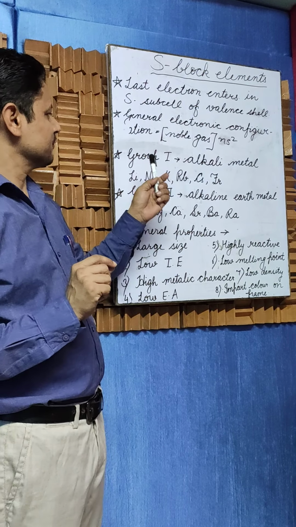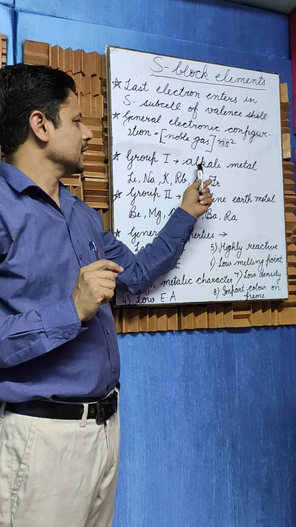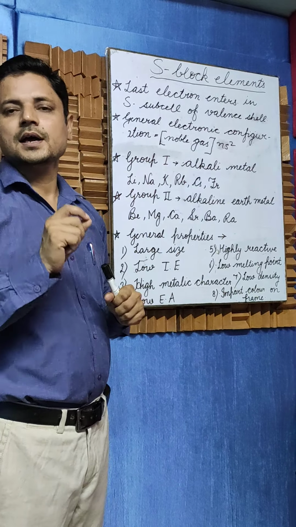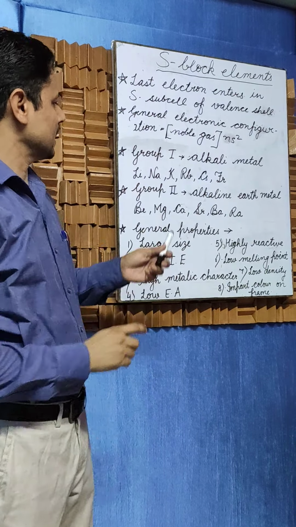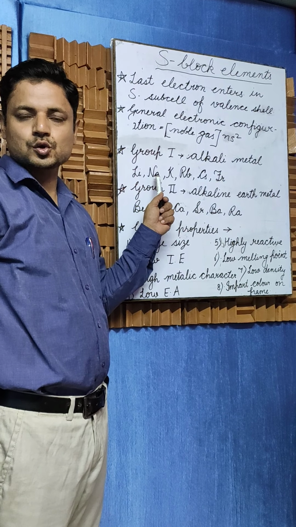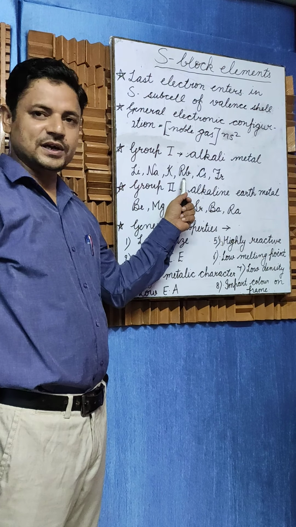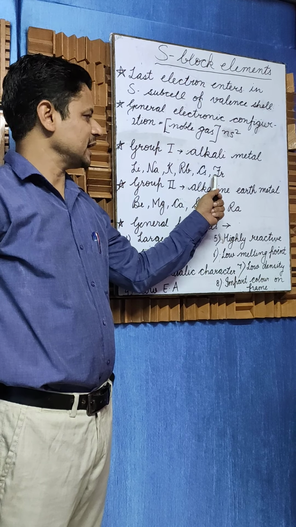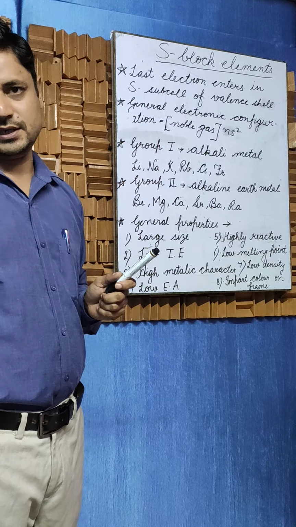Those elements which are present in group first are called alkali metals. Alkali metals are part of S block elements, and these alkali metals are named lithium, sodium, potassium, rubidium, cesium, and francium. This francium is radioactive in nature.